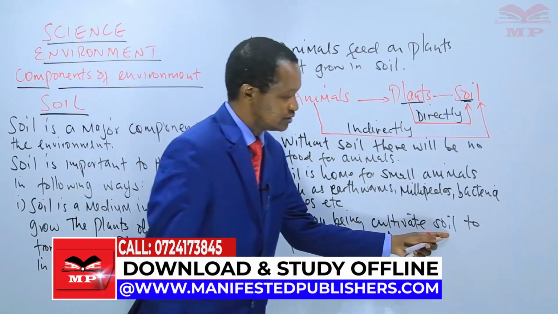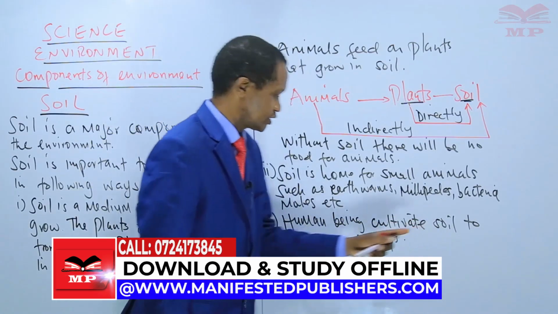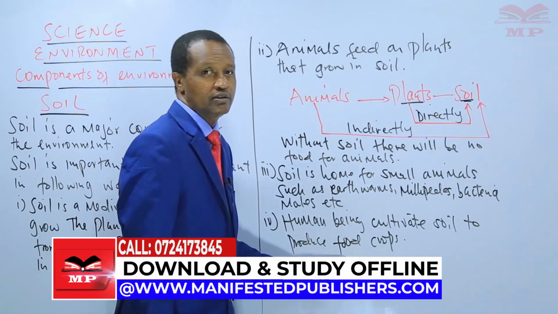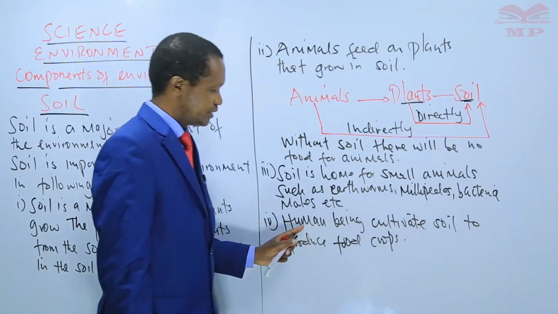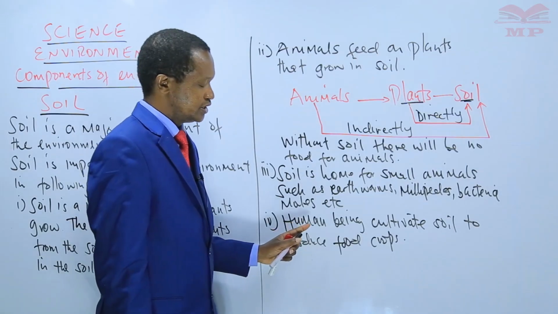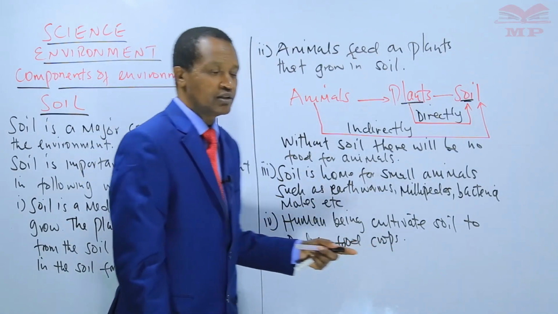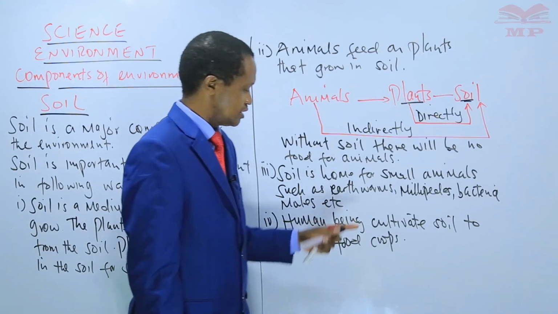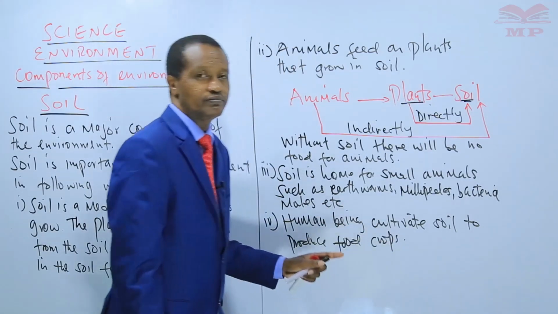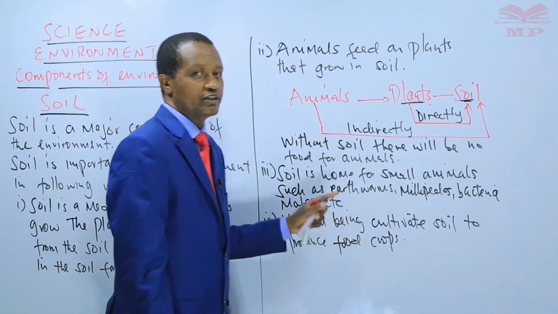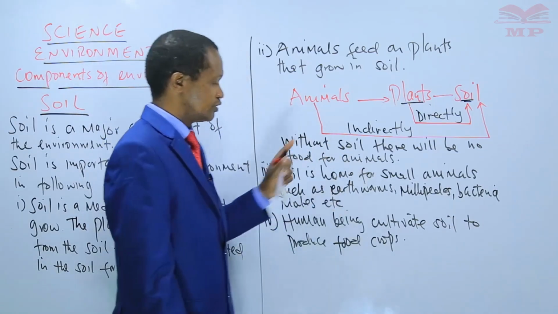Without soil, you cannot have food. So soil is important to human beings because it supports the crops that we need for food. People plow and cultivate the soil to produce food crops.